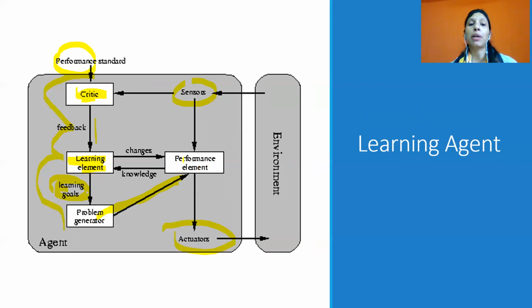So our learning element will change the performance element because the learning will help improve your performance. And then based upon the performance element, it will decide and take the appropriate action using the actuators. So that is why learning agents are different from the other agents, because of that special component of learning element and feedback.